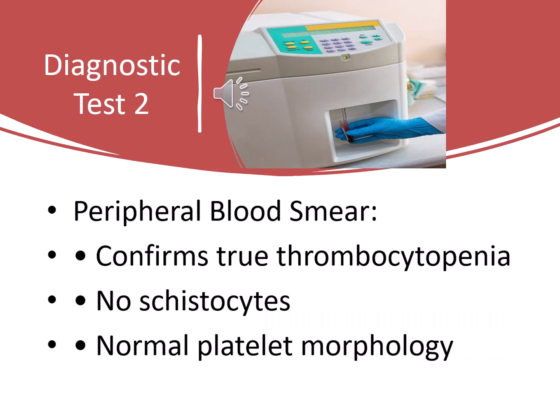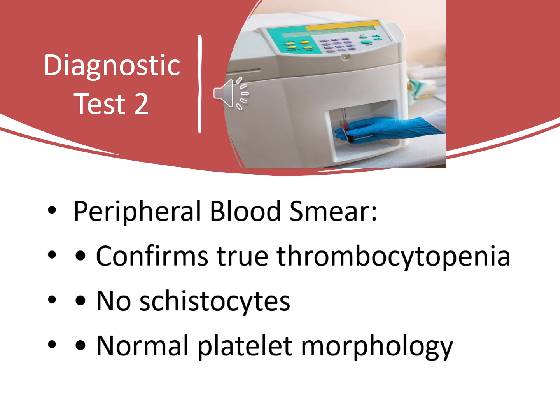Diagnostic test 2: Peripheral blood smear. A peripheral blood smear is performed to confirm true thrombocytopenia and evaluate platelet morphology. In gestational thrombocytopenia, platelet morphology is normal and schistocytes are absent.